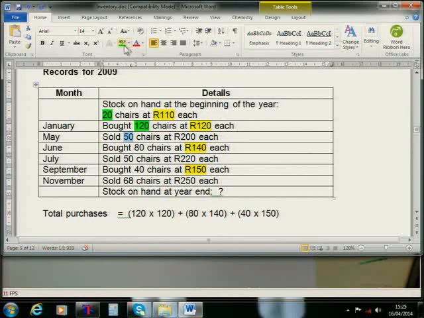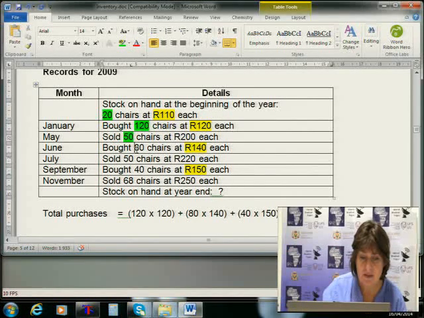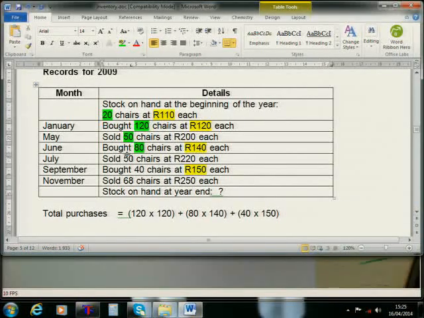Minus 50, plus 80, minus 50, plus 40 chairs, minus 68. That will show us the stock, how many chairs we've got left.